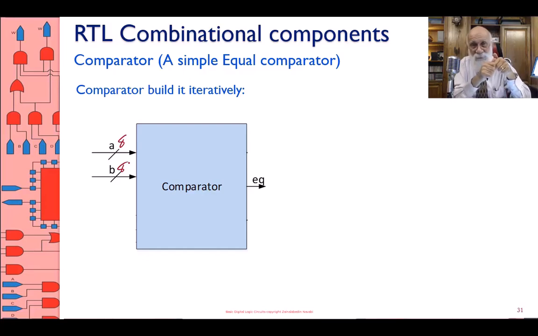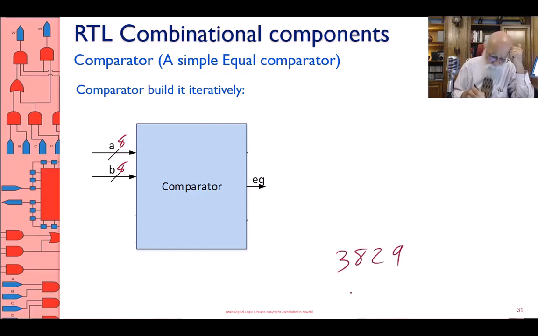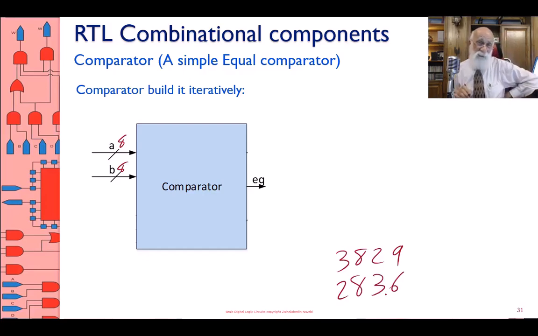Let's do an example: 38, 29, and 28, 36. You start from the left-hand side, and you say, well, this is greater, so you don't even look at the other digits, and you decide that A is greater than B.